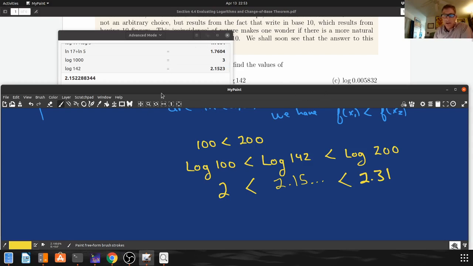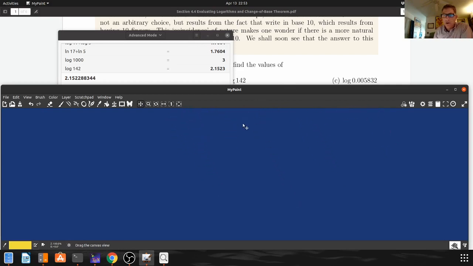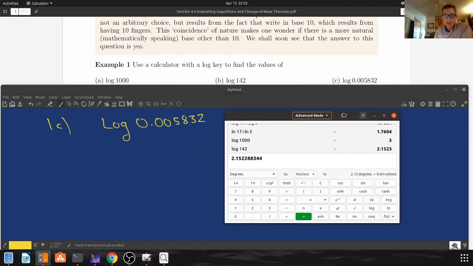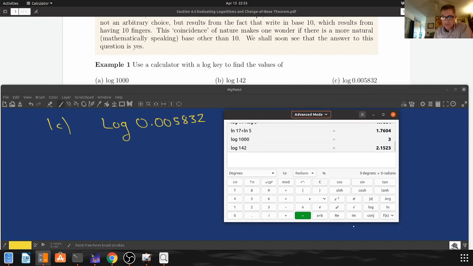So now let's find the log of, so this is 1c, the log of 0.005832. Right now we don't quite have the tools to estimate this, but later on when we look at the graph we will. So we'll just enter it in the calculator, because this is a calculator exercise.